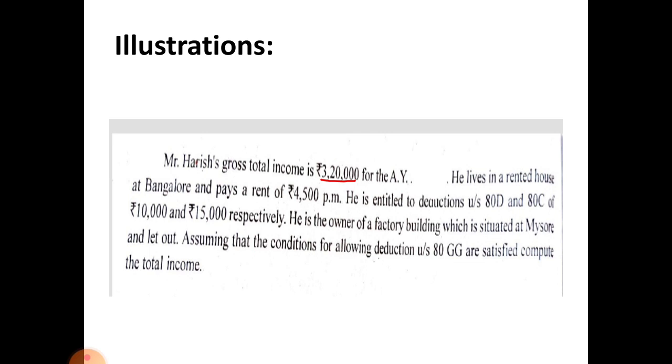Here no long term or short term capital gain is there, but deductions under section 80 other than 80 GG you have to deduct from gross total income. Here other than 80 GG you have 80D and 80C. When you deduct these two amounts from gross total income, you will get the adjusted total income.